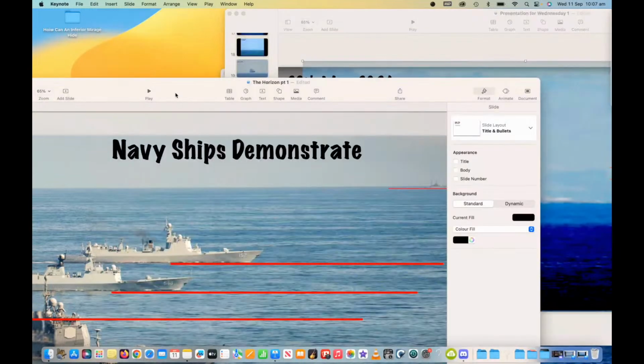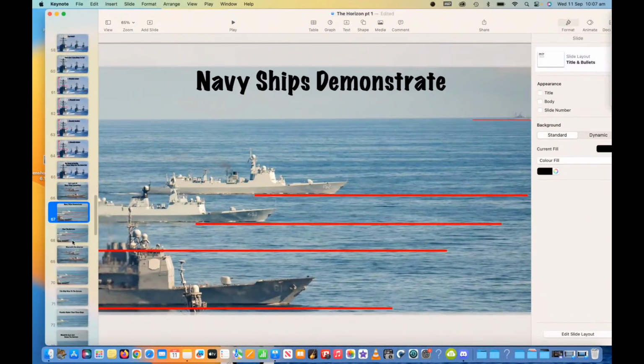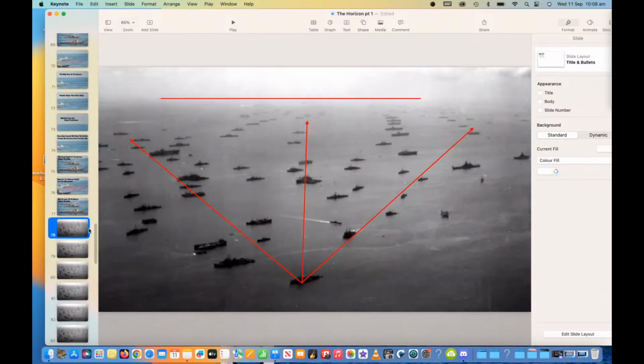So when we look at this and we go, all of these are below the horizon. I'll go to a more zoomed out one, even this, right? So all of this is well below the horizon. We have an observer that's, let's just say, 1,000 feet high, just for shits and giggles. This is 1,000 feet below him. If you had the exact same distance from here, an observer on the other side of this horizon at the same height, they wouldn't see this because it would be 1,000 feet below them.